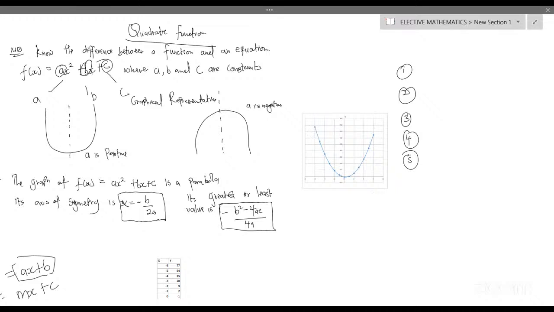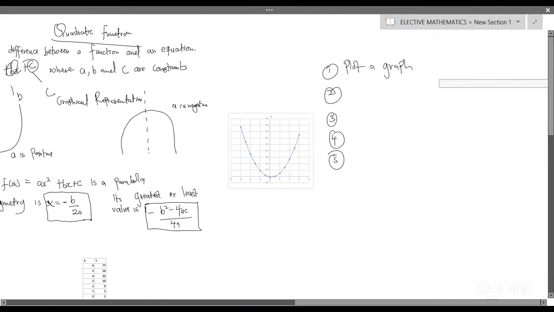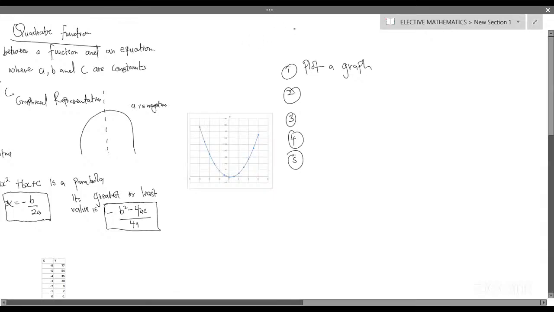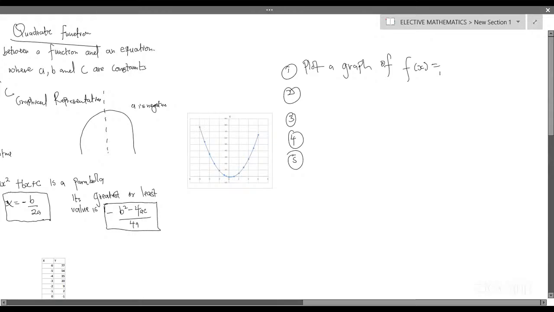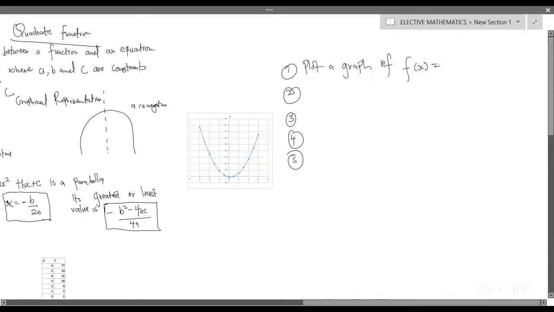First of all, let's write this one down. Question 1: plot a graph of, they can give it to you as a function, f of x equals x squared minus 4x plus 3.